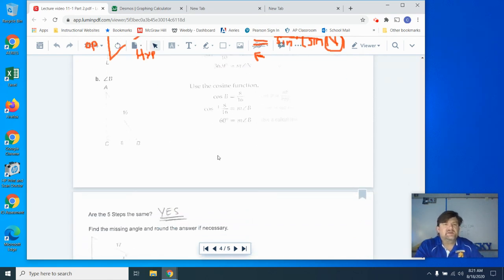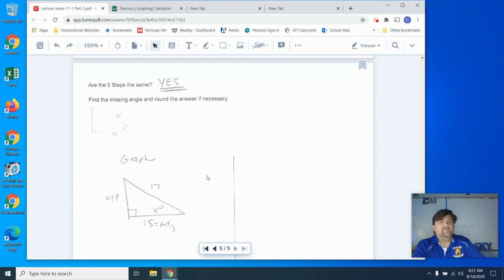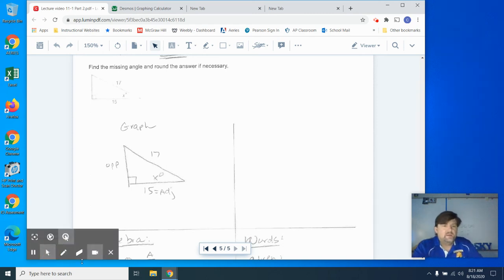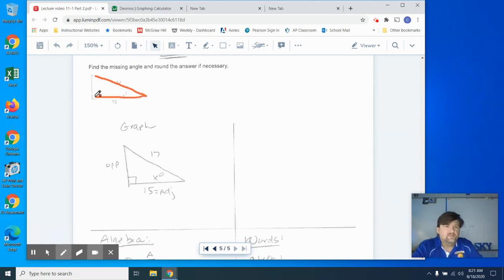It's just with cosine. So let's go to the last example, and it'll explain a little bit better than the book does here. So we're finding the missing angle. What do we need to find the missing angle? We need two sides. If we are back here, we have our triangle here, and then this side's 15 and this side's 17.